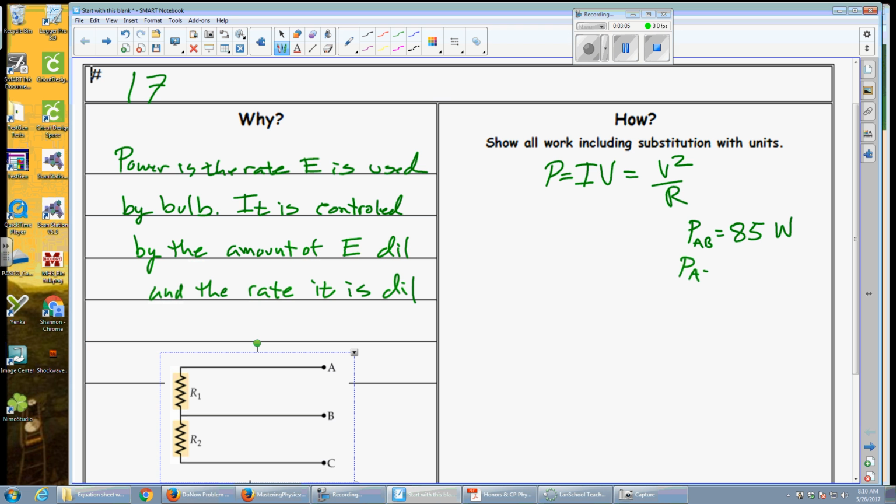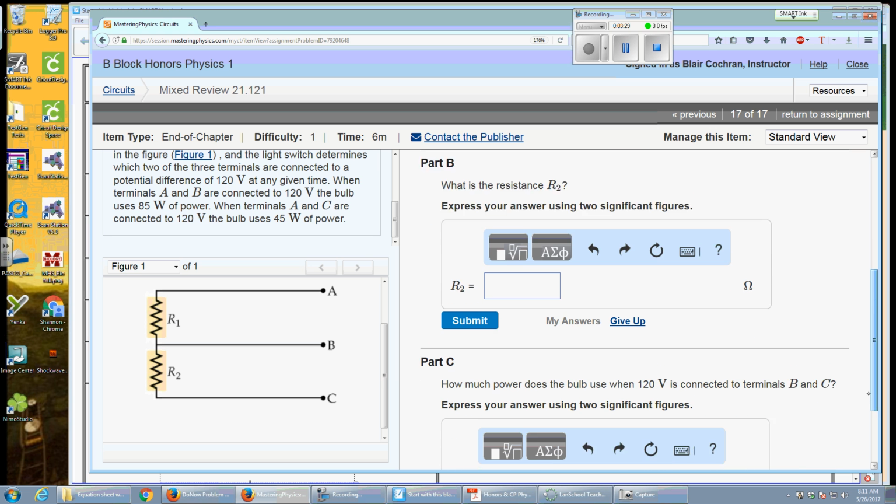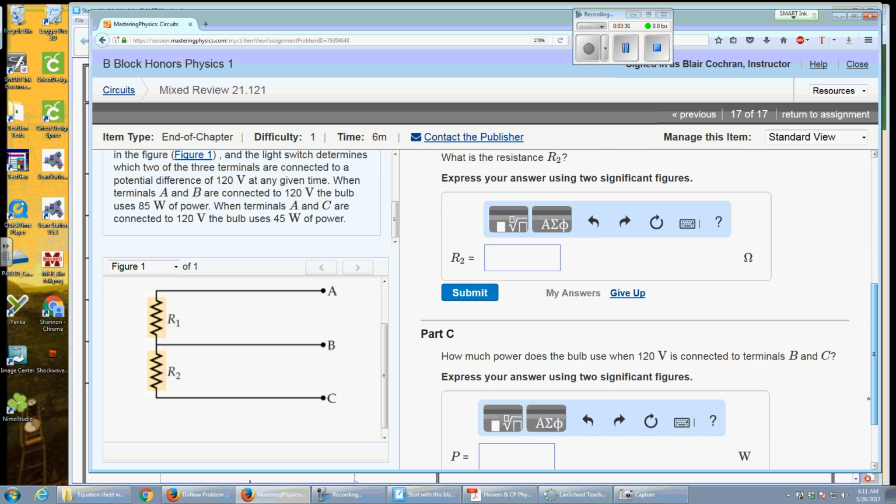Power AC, right? And that's all they tell me, right? And then they want to know what resistance 1 is and resistance 2 is. And what else? Any other interesting things? And how much power does the bulb use when it's connected to BC?